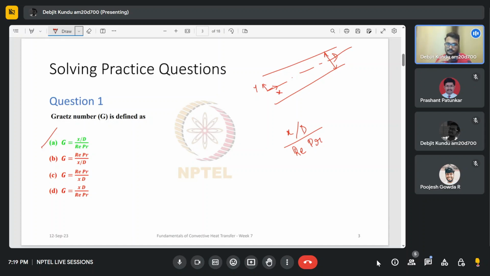So x over d is the actual distance, and Reynolds number into Prandtl number would be some length scale across which heat transfer has taken place. So this is what G is defined as.